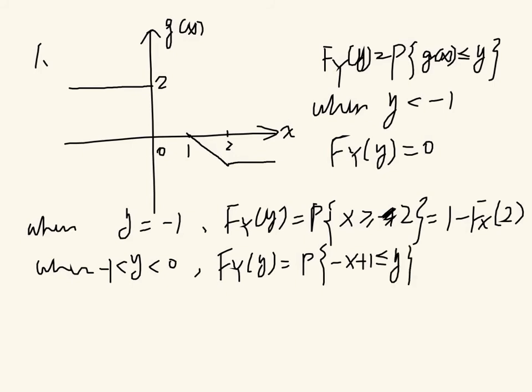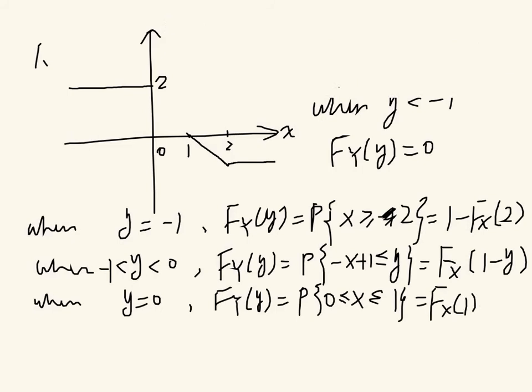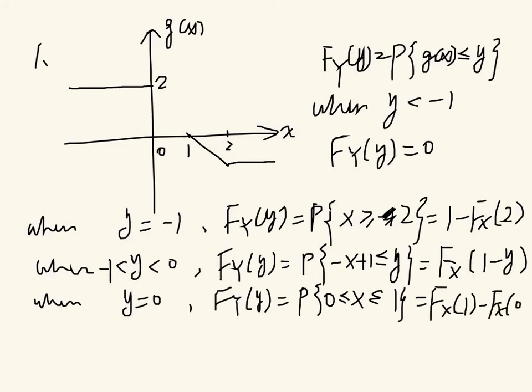That is equal to F_X(1 minus y). And when y is equal to 0, F_Y(y) is equal to the probability that X is between 0 and 1, so it should be F_X(1) minus F_X(0).